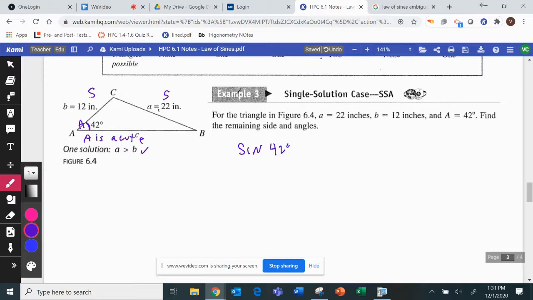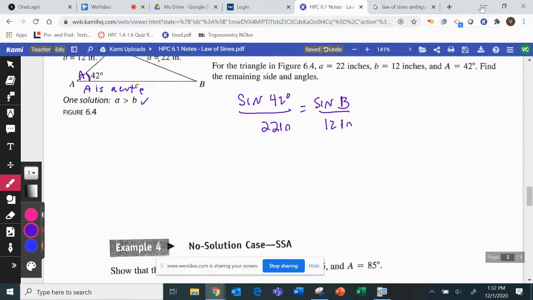Sine of 42 degrees over 22 inches is equal to sine of angle B over 12 inches. Find the remaining sides and angles. So when we have 1 angle, we have to find another angle first. We're going to cross multiply.